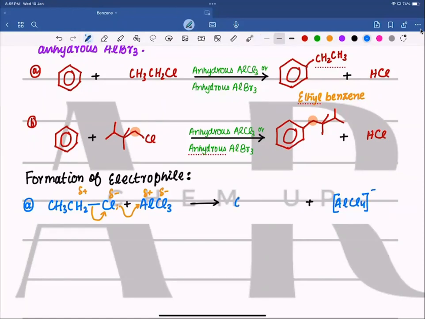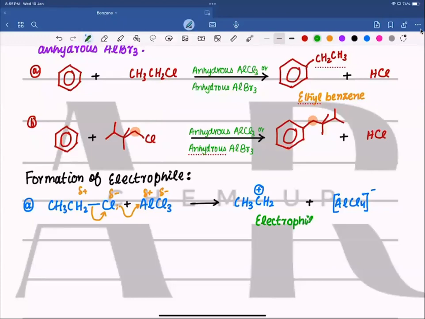The leftover species is CH3CH2, and as chlorine takes away the electron of that carbon as well, this carbon now possesses a positive charge and becomes a carbocation. As we know, it is electron deficient, so it is the electrophile.